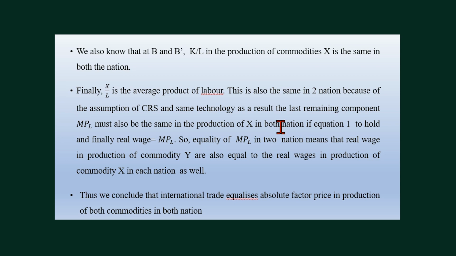So this implies that if the marginal productivity of the factor is the same across the nations, the real wage will also be the same for both the factors of production. So this helps us conclude that the absolute factor prices will also be equalized in both the nations due to trade.